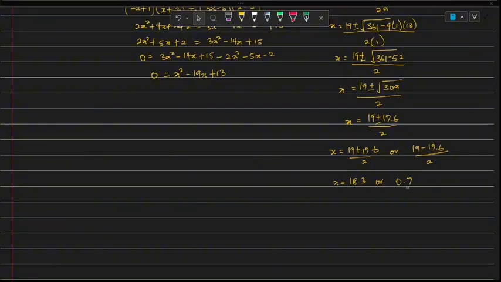Now, the question says, the sum of reciprocals of two numbers is 5/6. Probably I should write it down. I said the sum of reciprocals of two numbers is 5/6, and their product is 9.